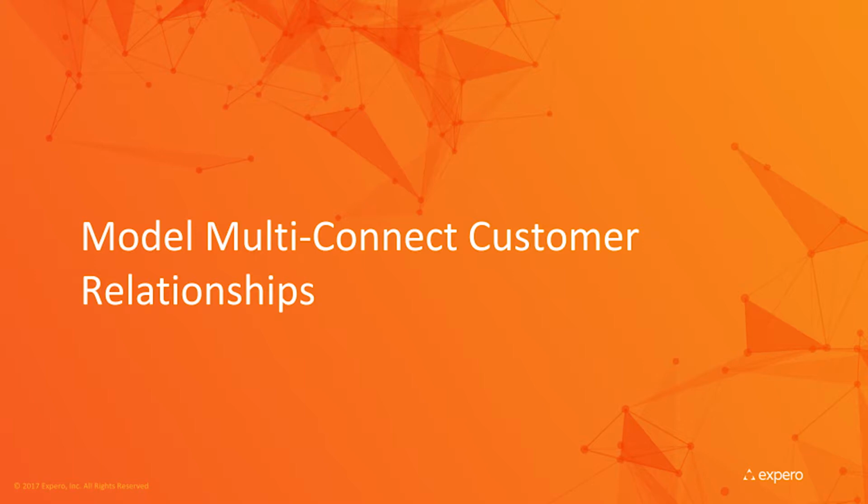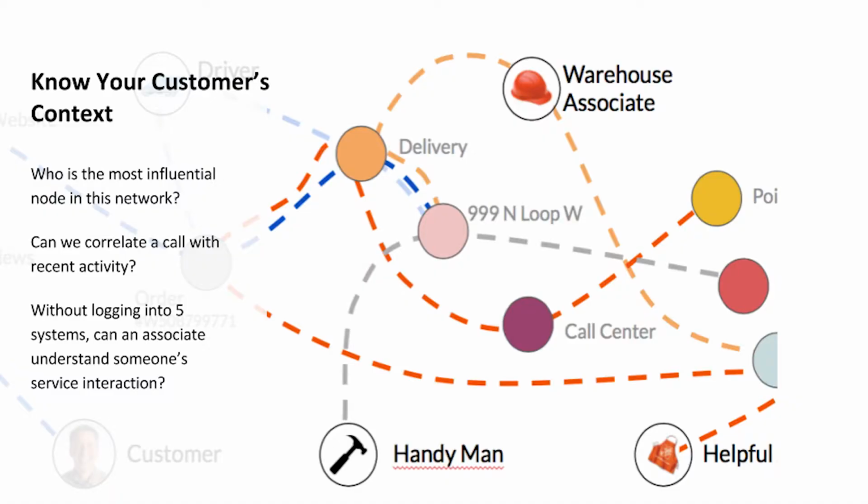Something else that we see with many Customer 360 applications is the need to model Customer 360 records that connect to each other in multiple ways. Inherently, that's something that graphs are very good at, having multiple connections between those that have meaning.